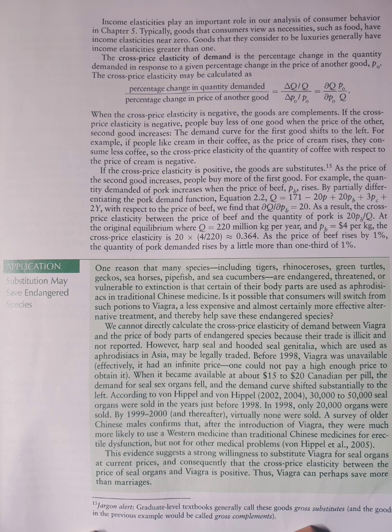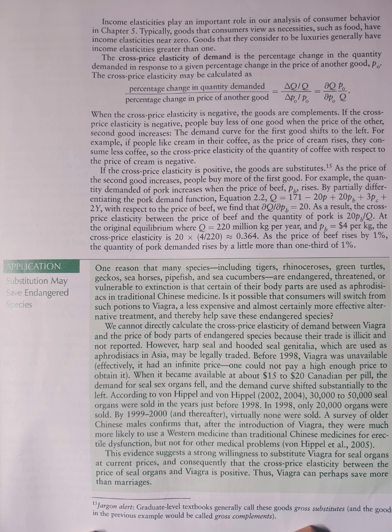As a result, the cross price elasticity between the price of beef and the quantity of pork is 20 P sub B over capital Q.